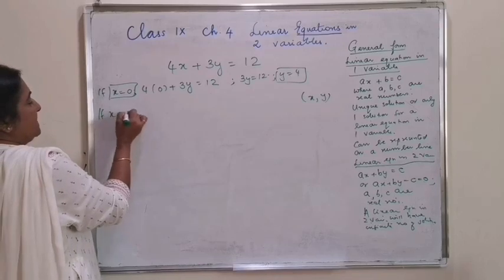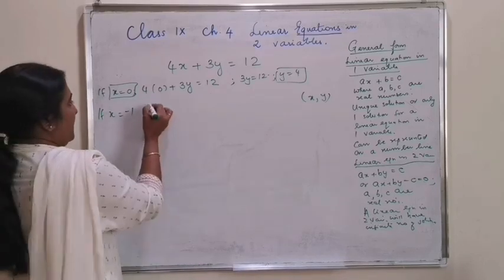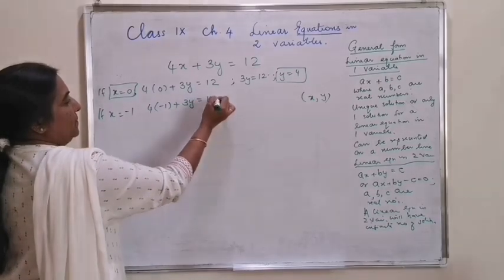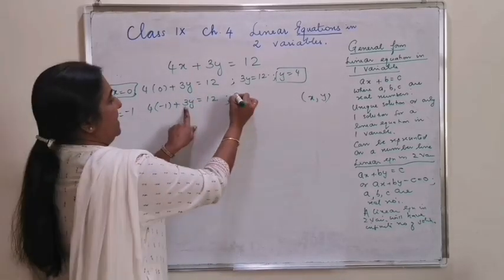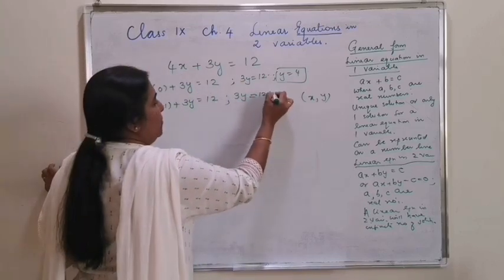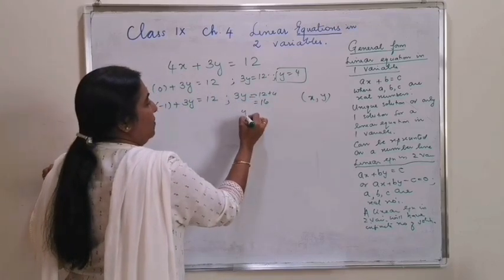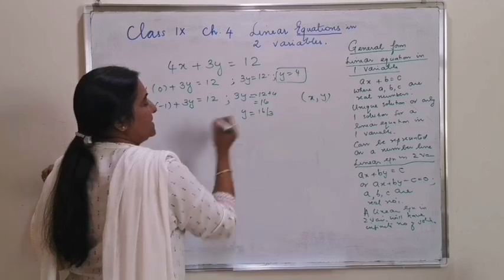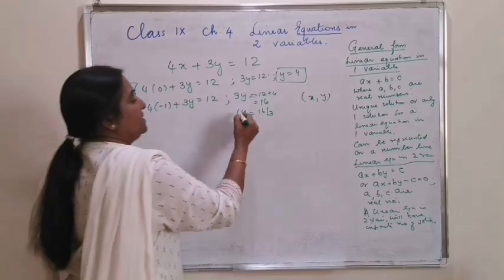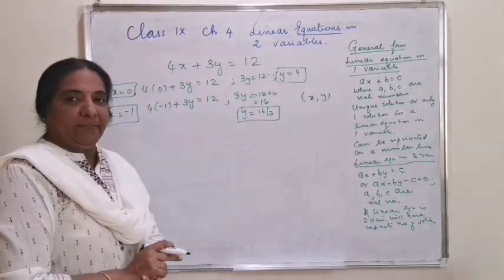If x takes -1, 4 into -1 plus 3y is equal to 12. 3y is equal to 12 plus 4, 16, or y value is 16 by 3, so the ordered pair is -1, 16 by 3.